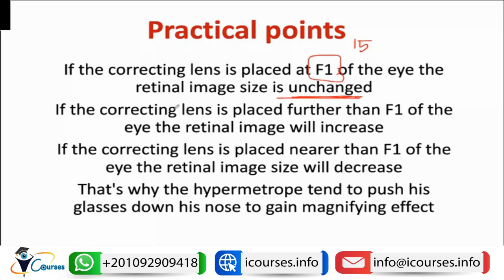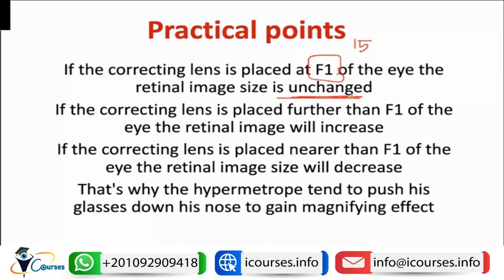But this is uncorrected. If we have an axially ametropic eye and it is not corrected, then the retinal image size will be the same as the ametropic eye. But if the eye is corrected, so if we place glasses at the F1 of the eye, then the retinal image size again will remain unchanged.